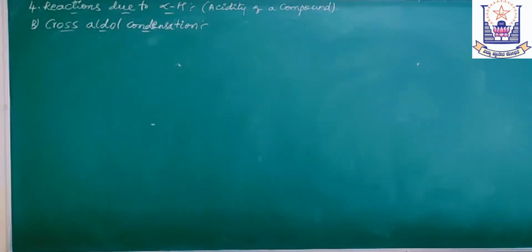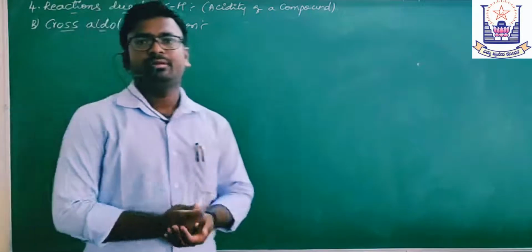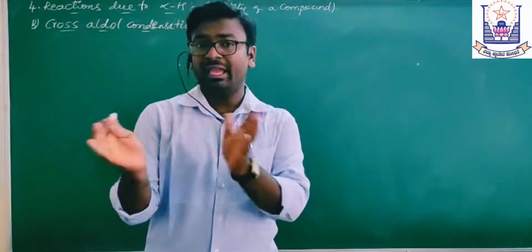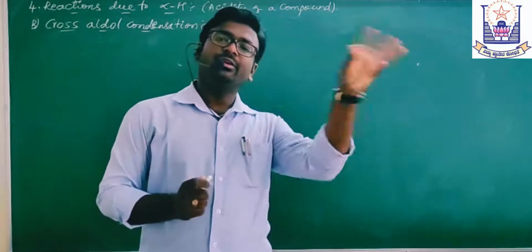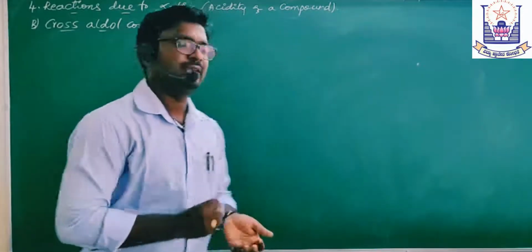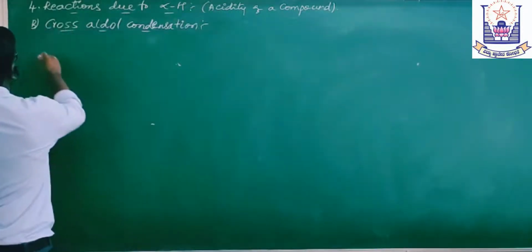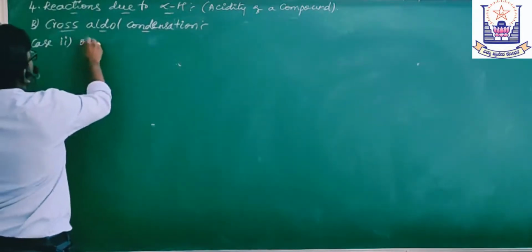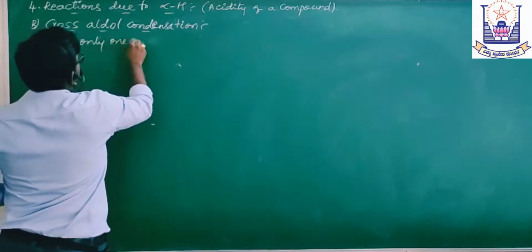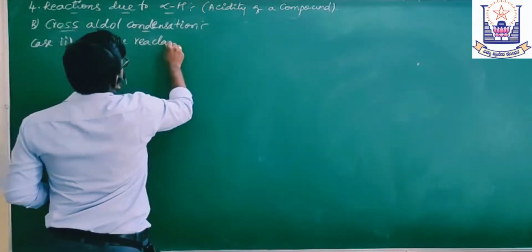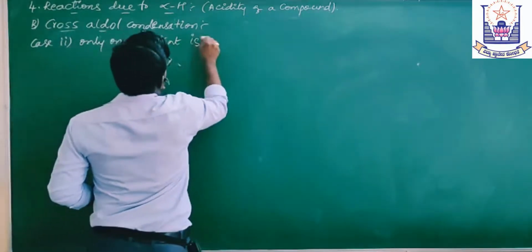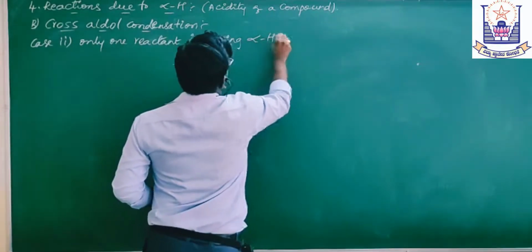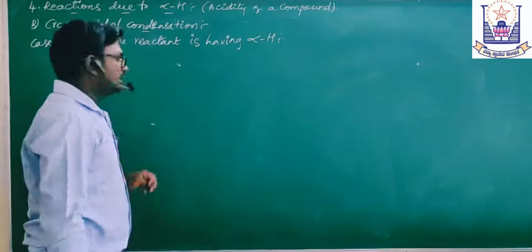Let us consider the other type where one aldehyde will not be having alpha hydrogen, the other one will be having the alpha hydrogen. Let us see that. Only one reactant is having alpha hydrogen.